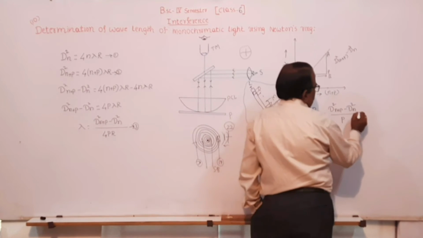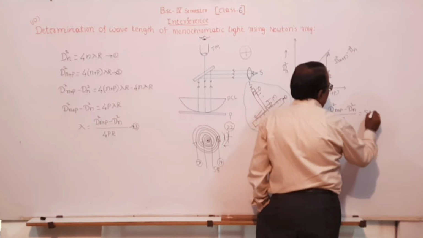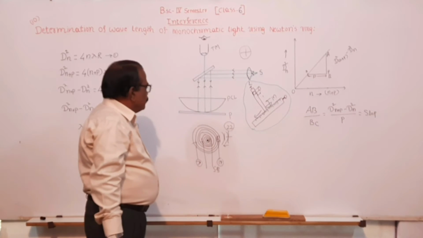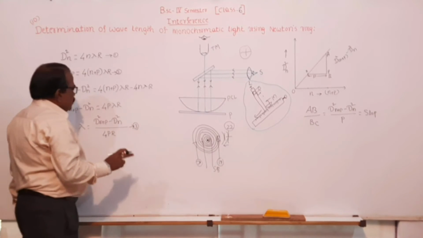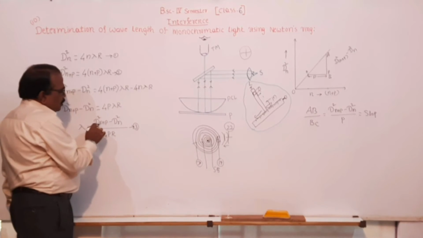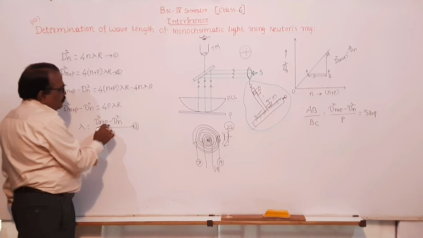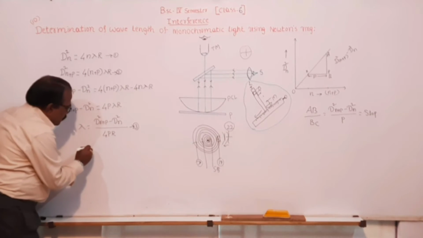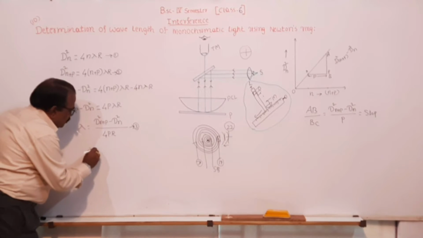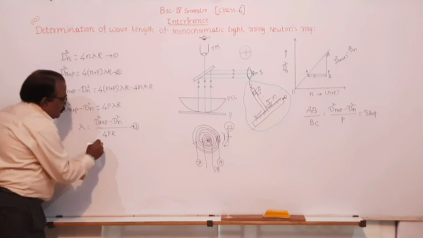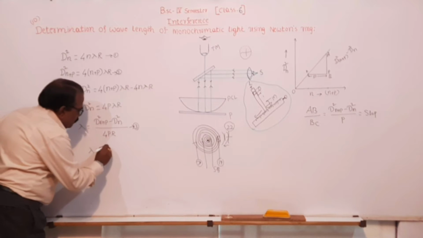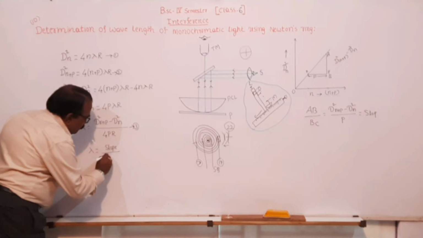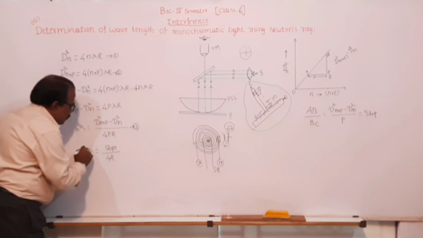So totally, you are going to get a straight line. The slope of the straight line will give D squared (n plus p) minus D n squared upon p. Therefore your lambda is equal to the slope divided by 4R.